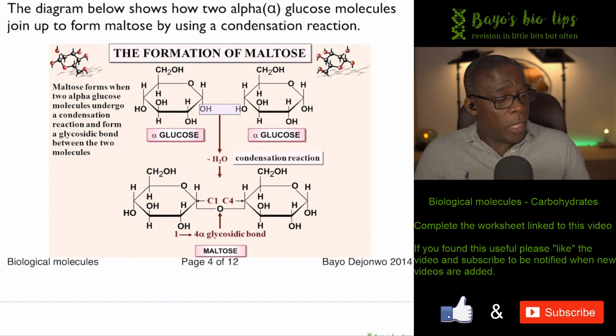And as you can see, in order to get the 2 alpha glucose molecules to bond to each other, you need to lose a water molecule. And you can see that water molecule here. Okay, so you lose a water molecule. That's called condensation. And you can reverse that by a process called hydrolysis. And we'll talk about that on the next page.